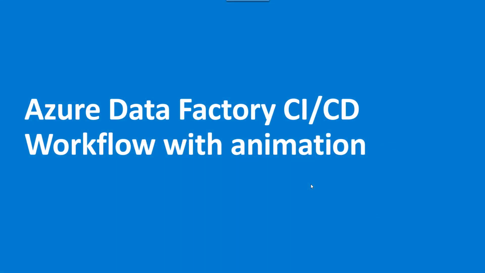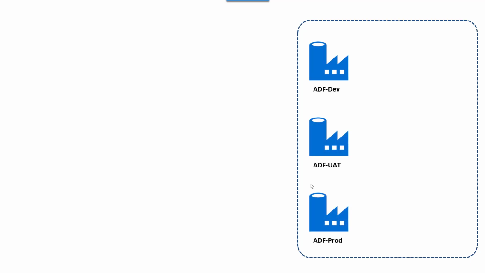Let's look at the Azure Data Factory CI/CD workflow with animation so we can understand what will happen and how we can build this CI/CD to promote our deployment from one Azure Data Factory environment to another. We will start by creating a resource group, and inside this resource group, I will have three Azure Data Factories, one for the dev environment, one for UAT, and one for production.